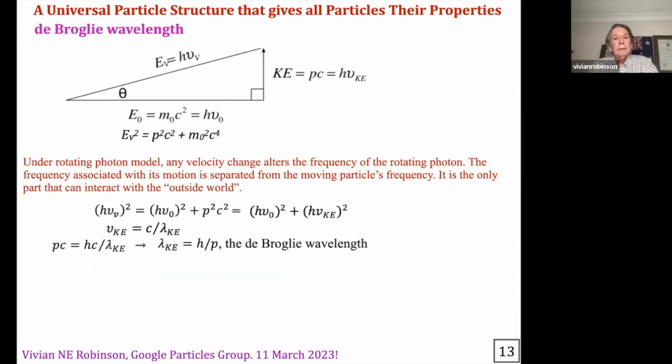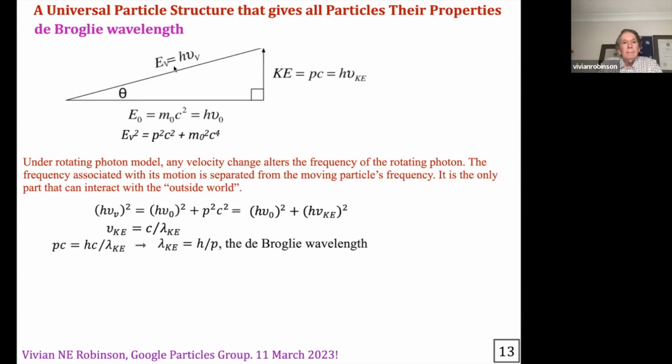The other one of interest is the de Broglie wavelength. I mean, the thing about this particular model is that everything has a frequency. The rest mass energy of a particle is m0c² equals h times its rest frequency.